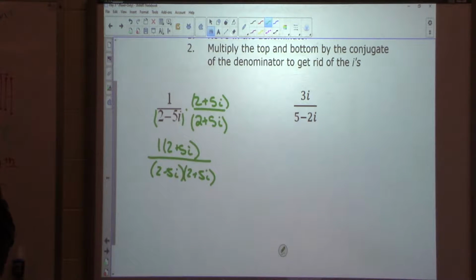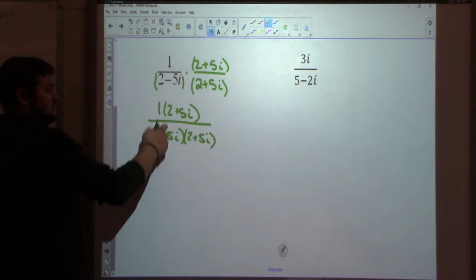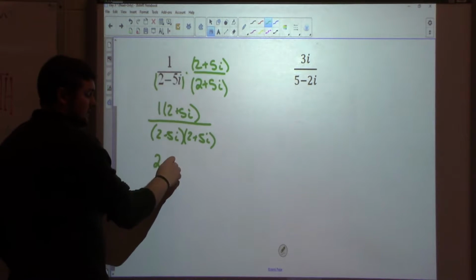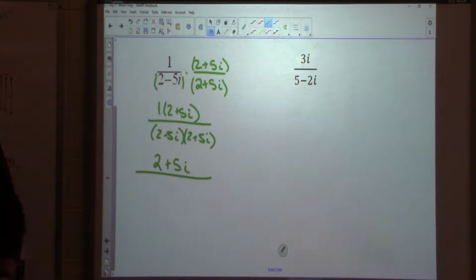So on the top, what do I do with that 1? Technically you distribute it, but you can just get rid of it because 1 times anything is itself. So 1 times 2 is 2. 1 times 5i is 5i. Over. How do I multiply that bottom?